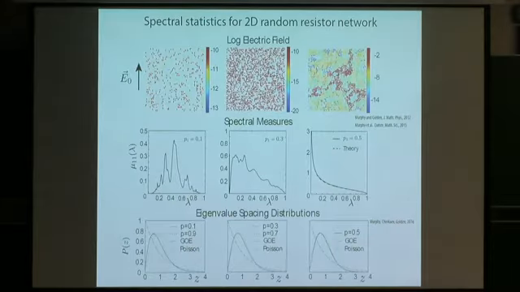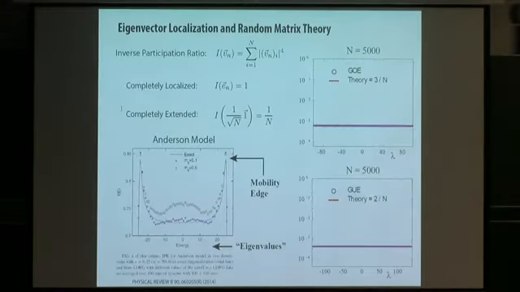Okay, I want to talk a little about the eigenvectors, because again, very unexpected behavior. So this is a disconnected spectral measure. This is the electric field, or the logarithm of the electric field. And finally, when we develop long-range order, and basically in 2 dimensions when we get the percolation threshold, and we're right on the money there, the Gaussian orthogonal ensemble, then we have extended states of the electric field as the system develops long-range order.